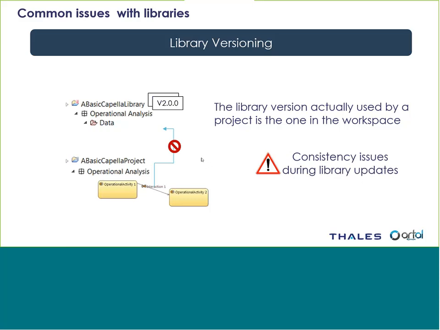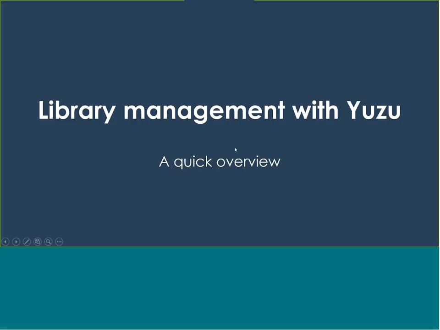So this makes the point of the next part of the presentation: you need to take good care when managing libraries if you want to keep your model consistent. And the good news is that we have developed an add-on for Capella that helps you manage this kind of feature.